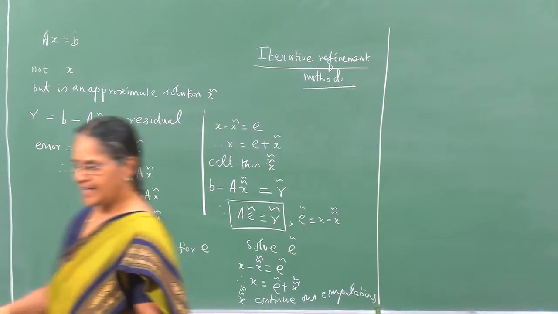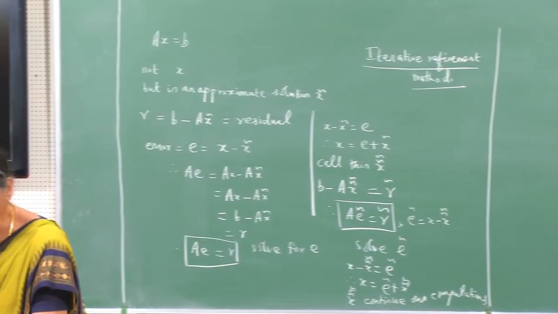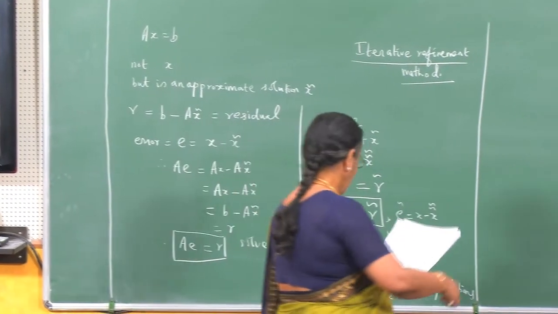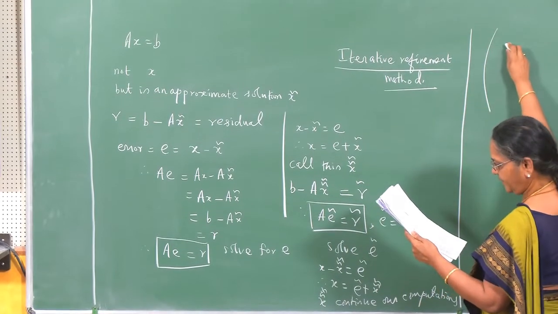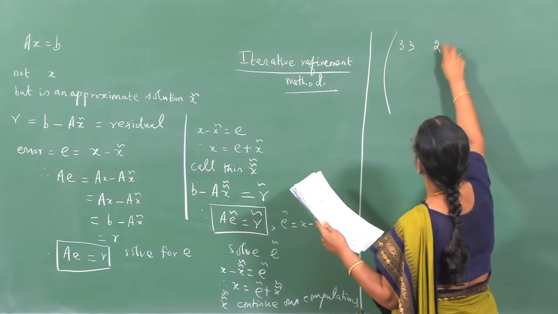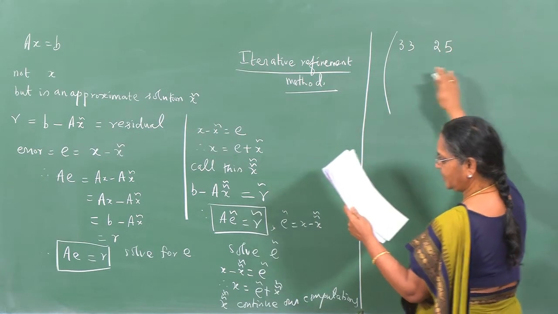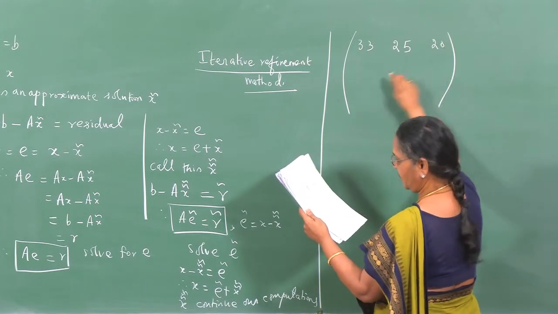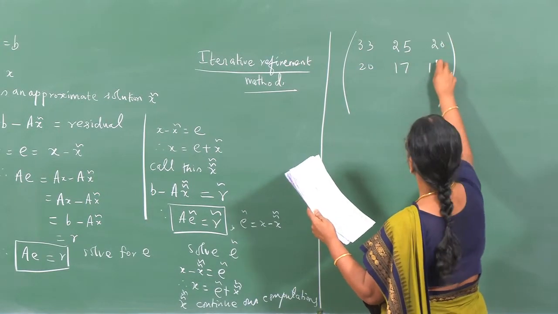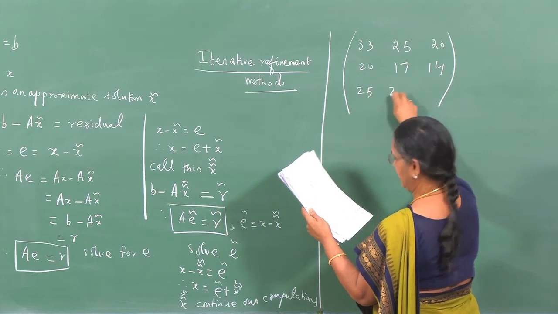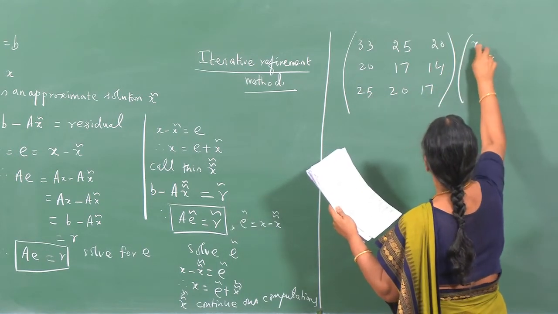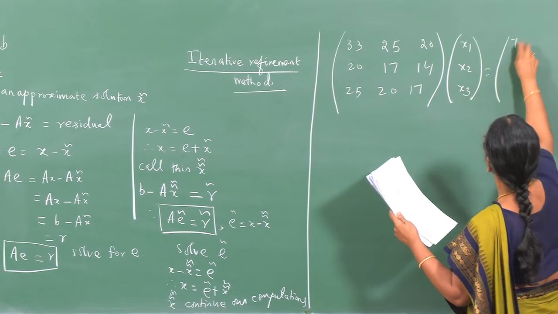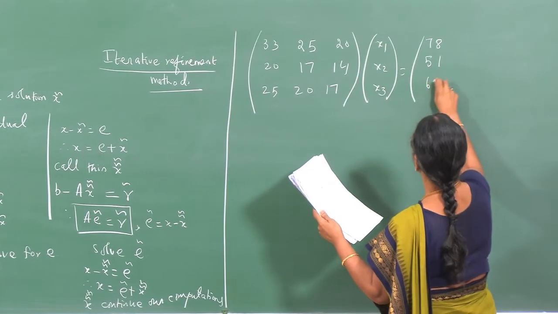So, let us take an example, and I will indicate the first few steps and you can complete the problem. So, solve the system Ax is equal to b, given that A is a 3 cross 3 matrix having elements as given here, multiplied by the vector x1, x2, x3, and that should be equal to 78, 51, 62.